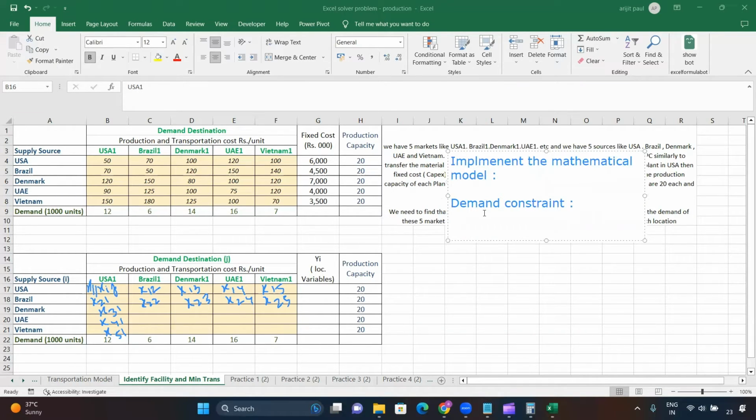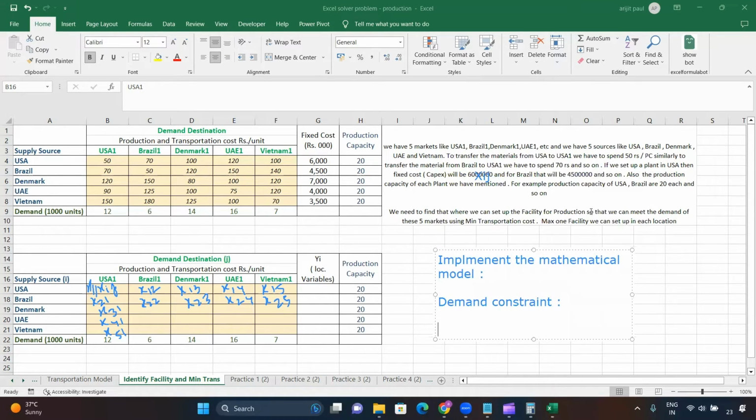As per the problem statement, we have to meet the demand of these 5 markets. What are the demands of these 5 markets? For USA market, we have a demand of 12. For Brazil, it's 6. For Denmark, I am just ignoring this 1000 units as of now. UAE is 16 and Vietnam is 7.